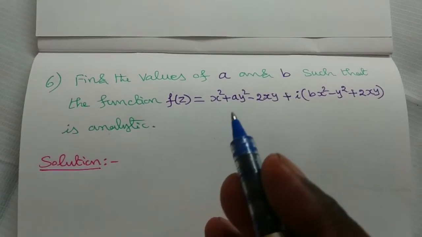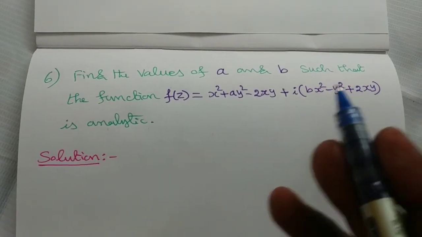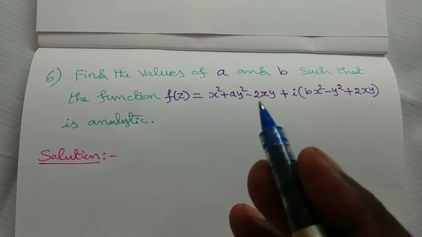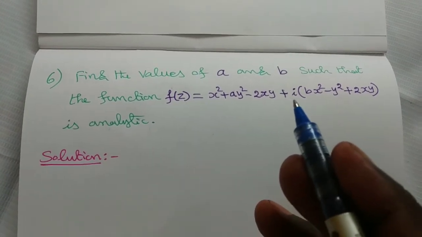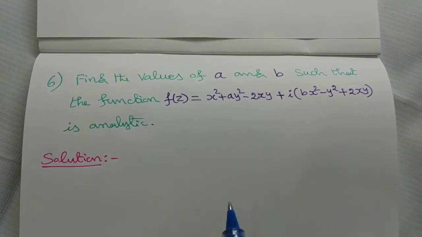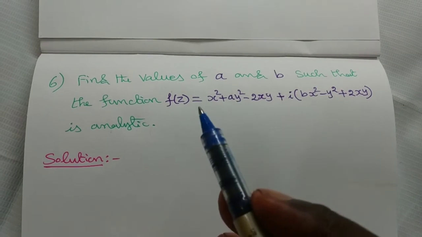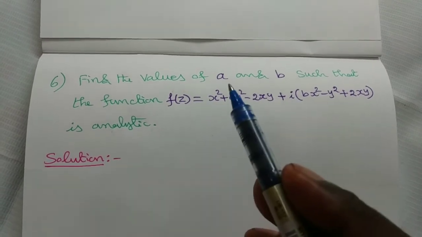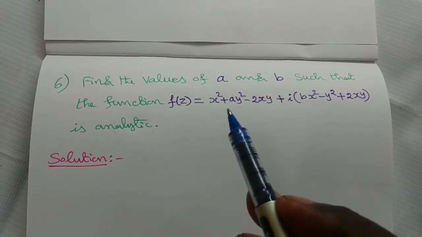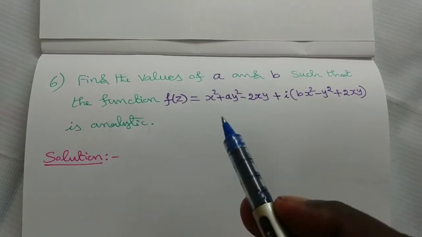Find the values of a and b such that the function f of z equal to x square plus ay square minus 2xy plus i into bx square minus y square plus 2xy is analytic. So the function is analytic means I want to find out the values of a and b. Consider the function is analytic, so it should satisfy the CR equations.